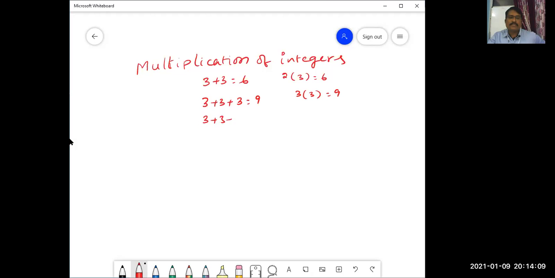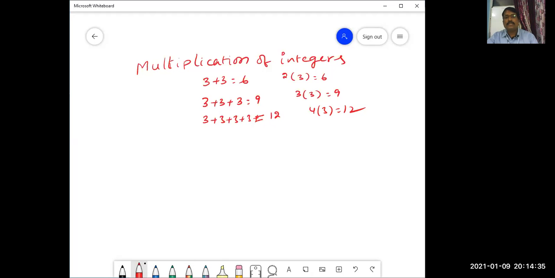3 plus 3 plus 3 plus 3 is 12. That means 4 into 3 is equal to 12.